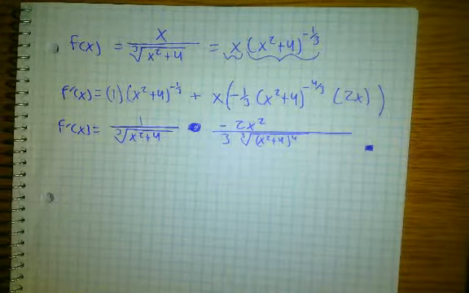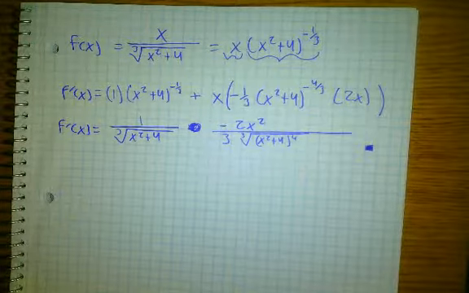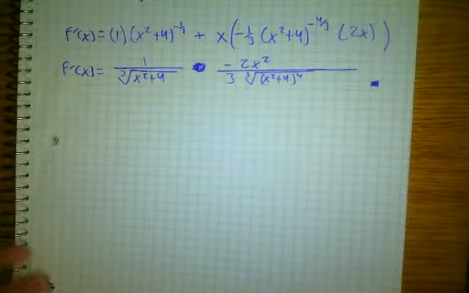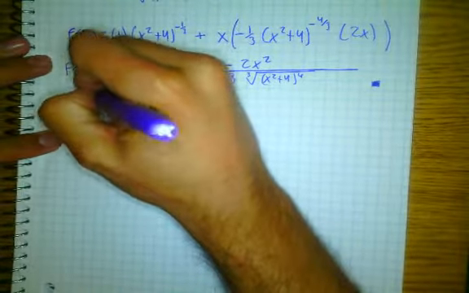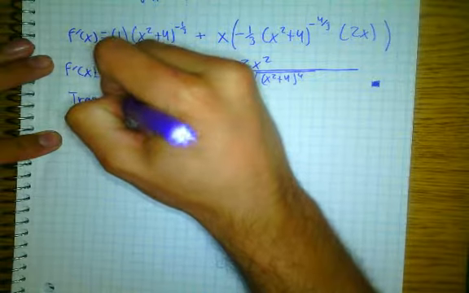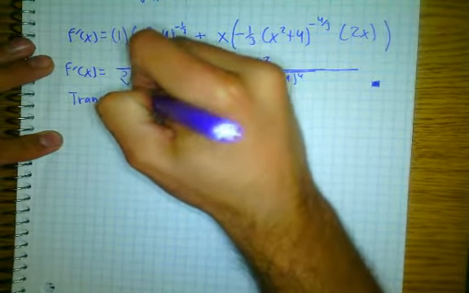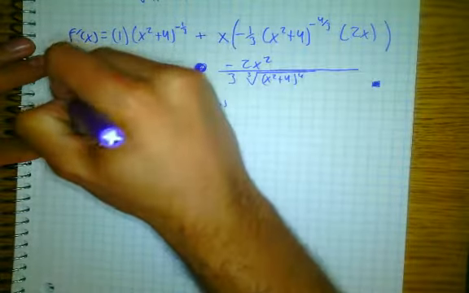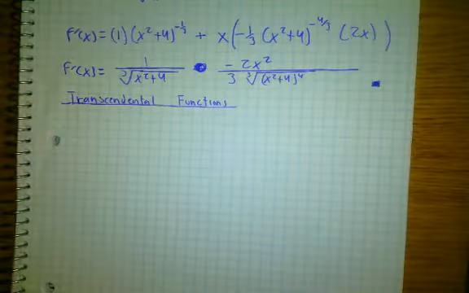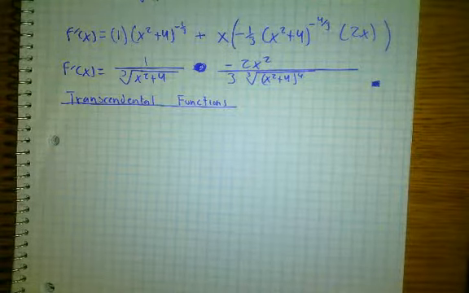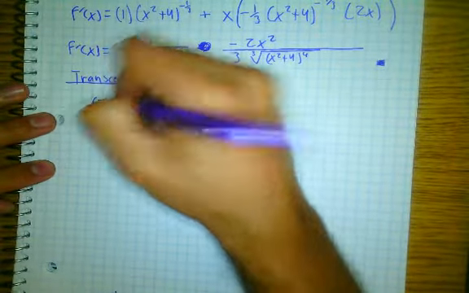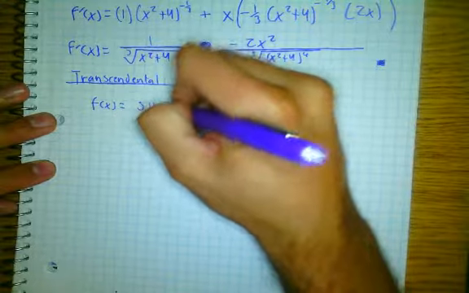Alright, so then we're ready to move on to trig then. The chain rule with trigonometry. Okay? So here's the transcendental functions. Okay, so let's say that you have f of x equals the sine of 2x.